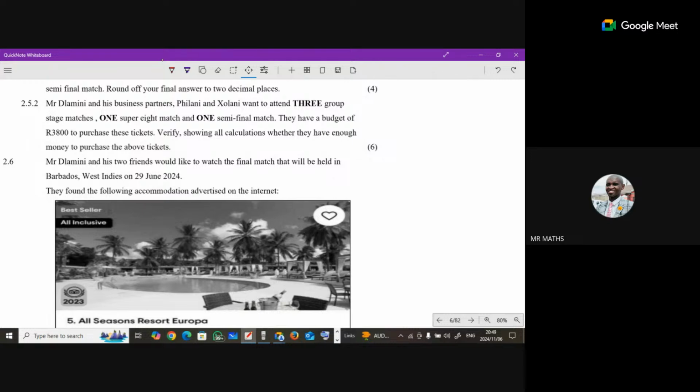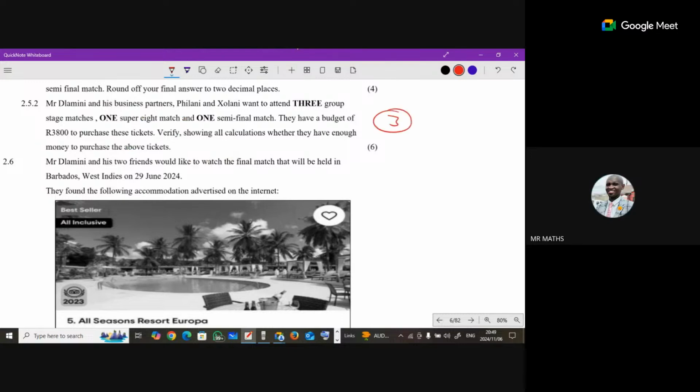Verify, showing all calculations, whether they have enough money to purchase. So how many people are there? There are 3 people that want to buy the tickets.